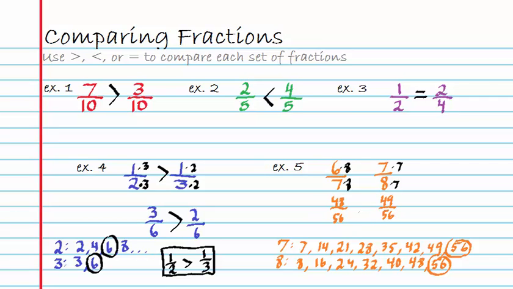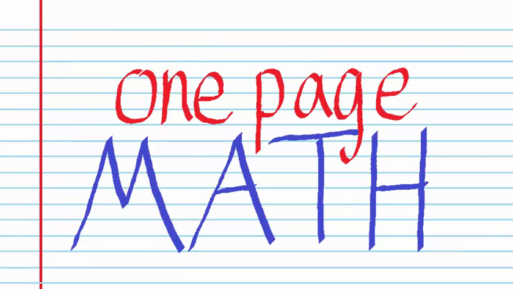So these fractions are really, really close, but 49 is a little bit bigger than 48. So this would be 48 over 56 is less than 49 over 56. So comparing my original fractions, 6 over 7 is less than 7 over 8.